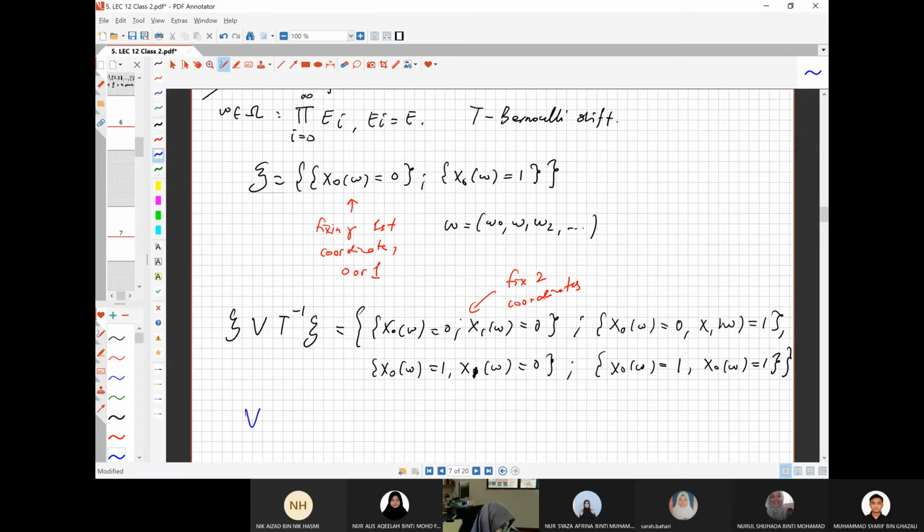So lastly, in general, you can have the join of the finitely many pre-images of the partition. So that means you are fixing kth coordinate. Okay, so I have x0 omega is equals to i0 until xk minus 1 omega equals to ik minus 1.